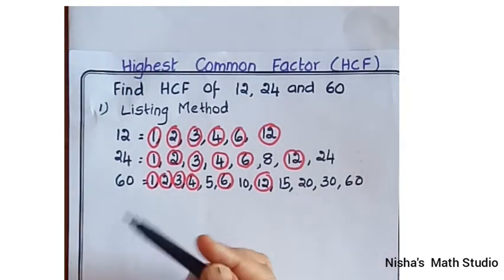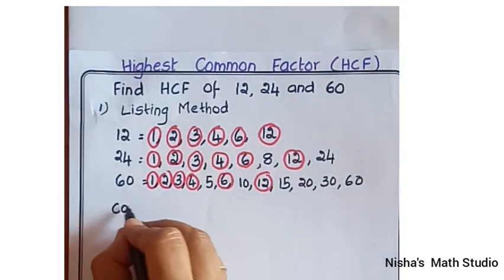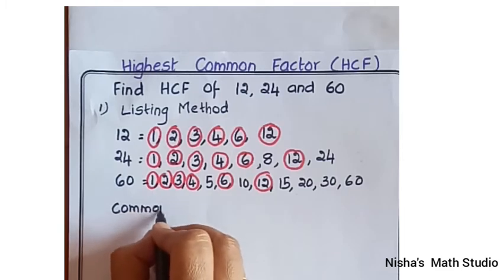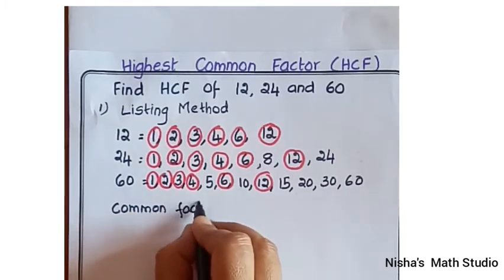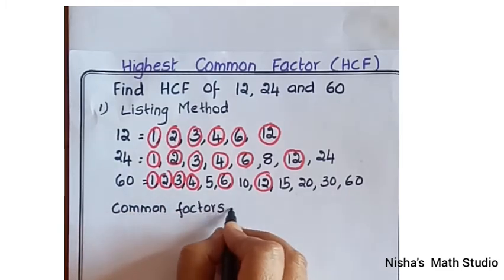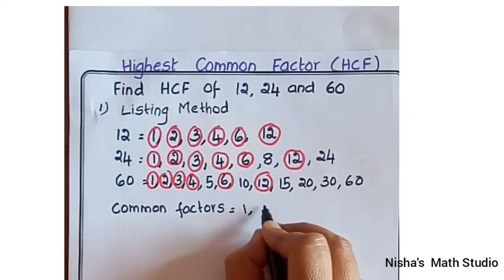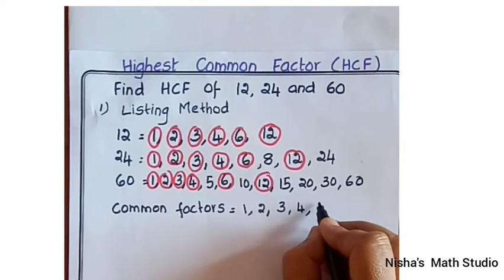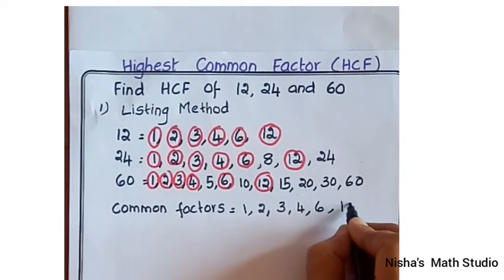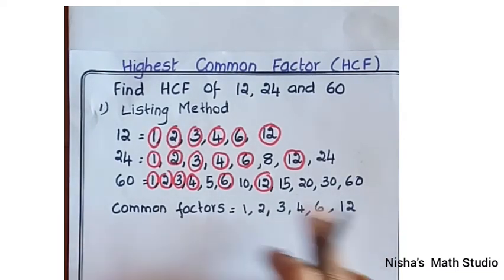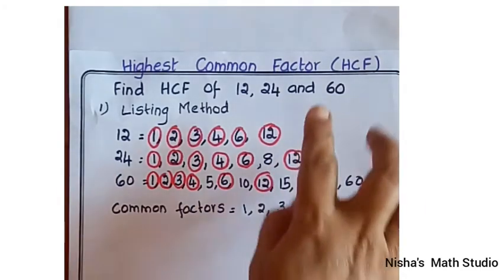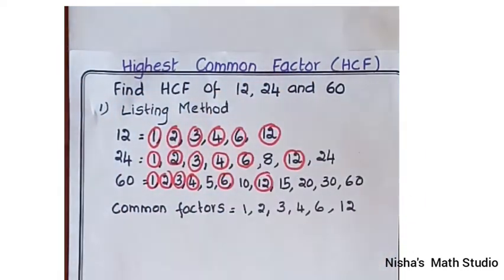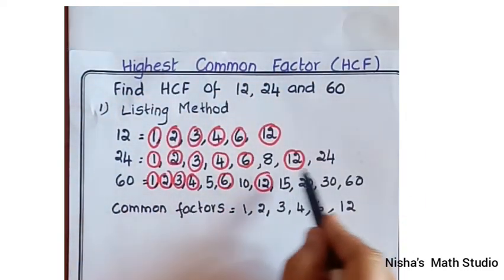Now let me write them. So common factors are which one? 1, 2, 3, 4, 6 and 12. So these are the common for all three. So out of highest common factor, I wrote the factors.